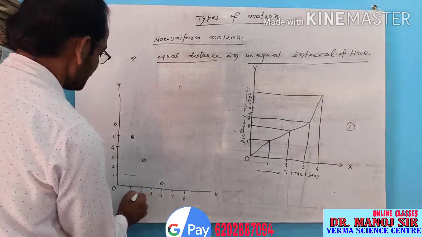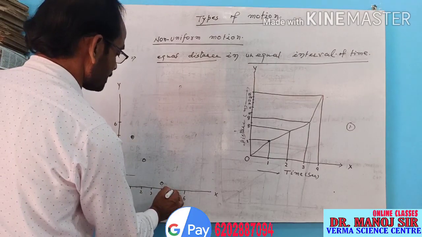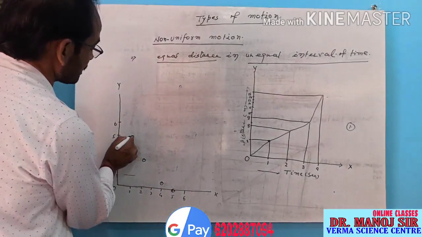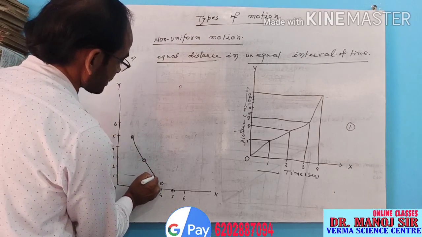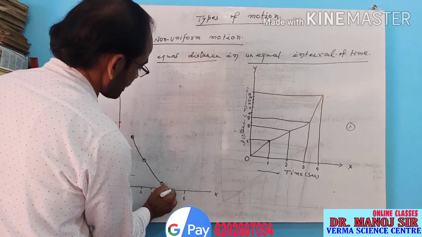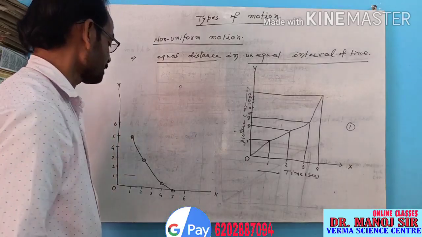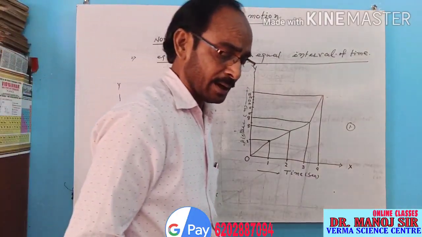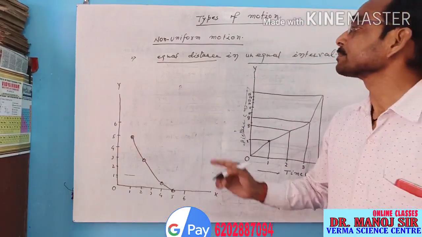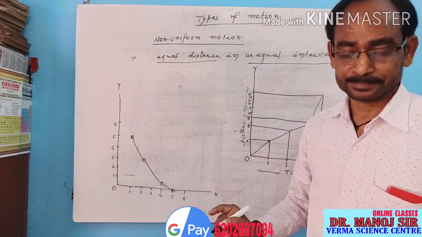And in the fifth, the car is stopped, 0 seconds. Therefore, the graphical representation is clear about the curve path. So the motion by the car is non-uniform.